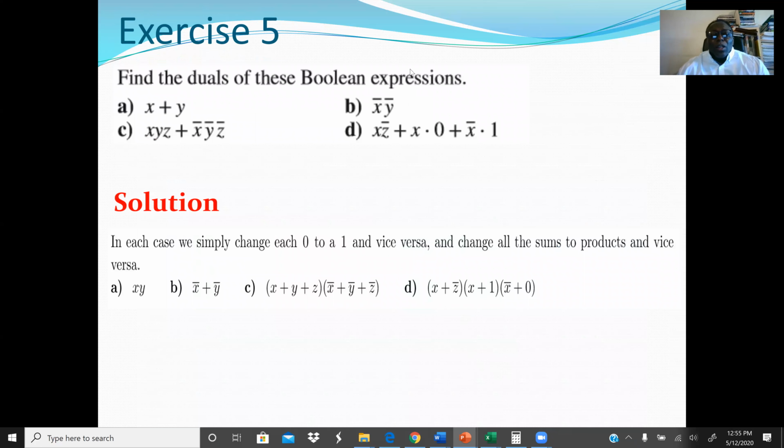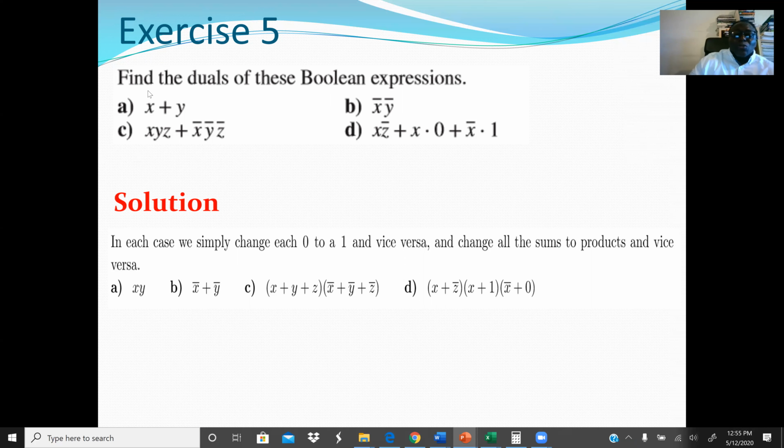So another example, find the duals of these Boolean expressions. So the A, S plus Y, the dual will be S times Y. Because here we say in each case, we simply change each 0 to 1 and vice versa, and change all the sum to product and vice versa.